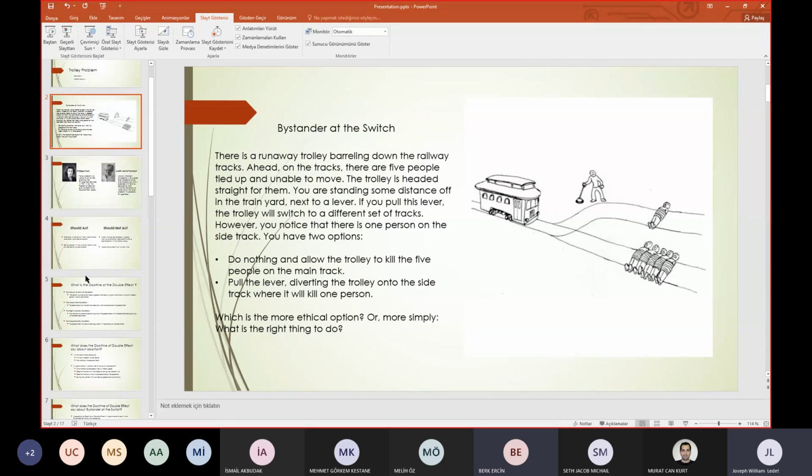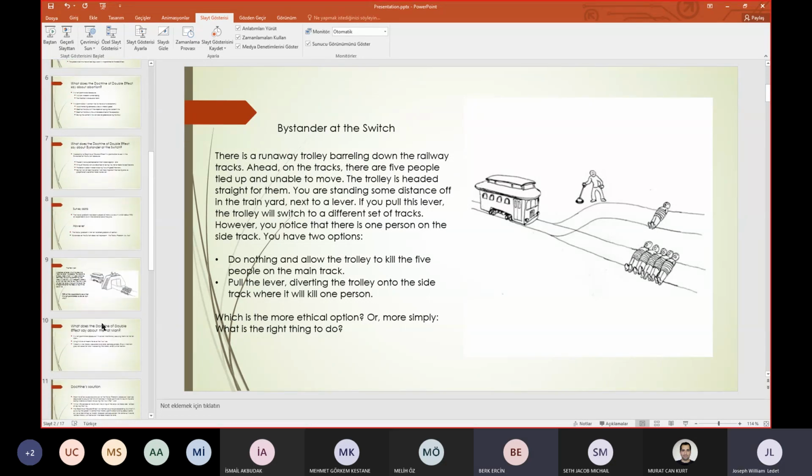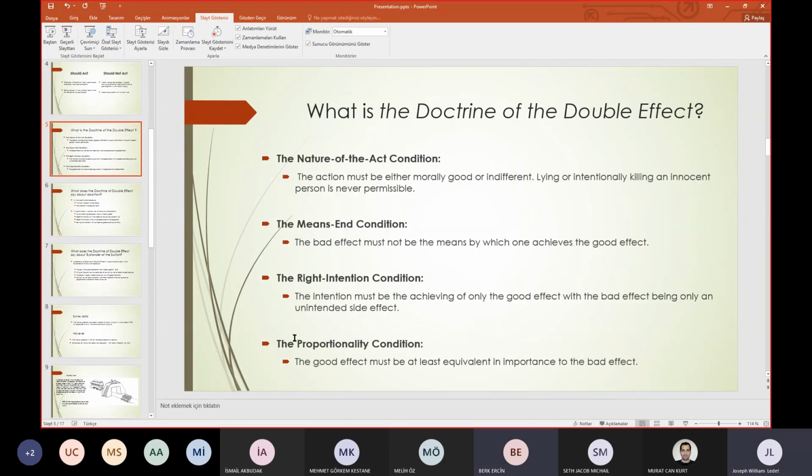Yeah. It's an unintended side effect because, unlike in the fat man example, we're not directly pushing someone. The action matters here. In the fat man case, we are directly pushing him, so in order to save the five, we are pushing one to his death.